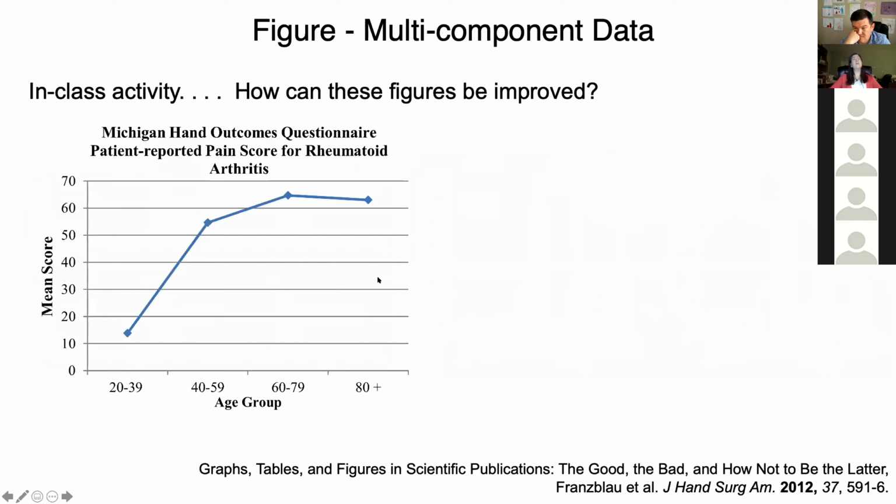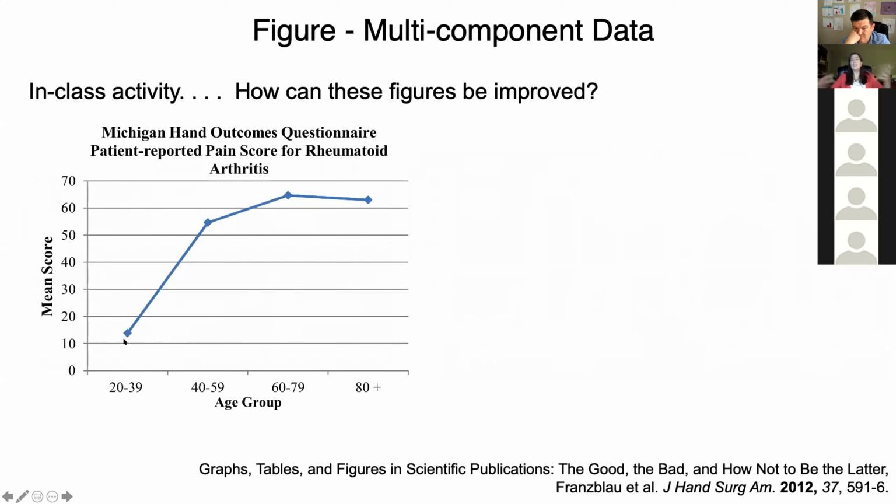Here's another example of maybe an incorrect use of data. Notice this is a patient-reported pain score for rheumatoid arthritis, their pain threshold over age group. Notice that they have this data plotted as if there's a relationship between each age group, which is not true.